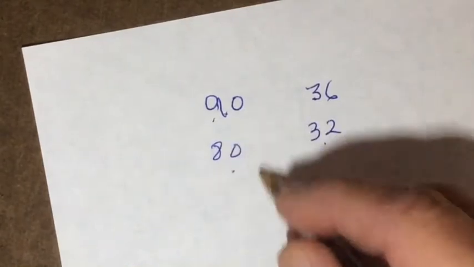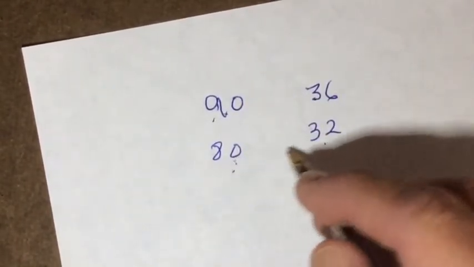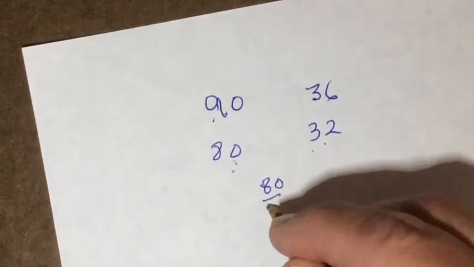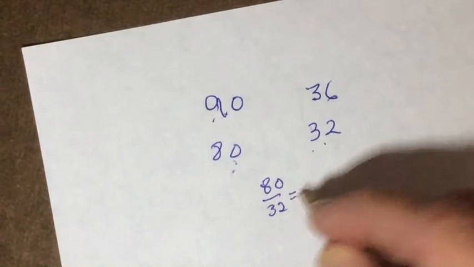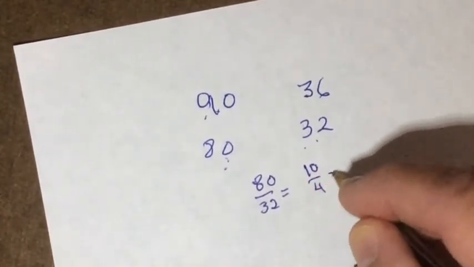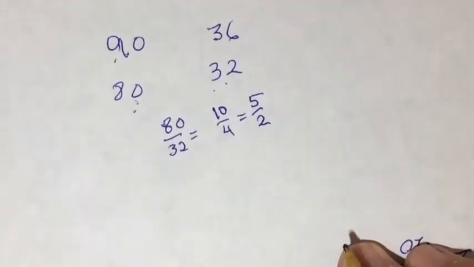If you take either one of these and divide by the other, whether it's 90 over 36 or 80 over 32, you can divide top and bottom by 8. You get 10 over 4, and that's the same as 5 over 2. So the scale factor between these two shapes was 5 over 2.